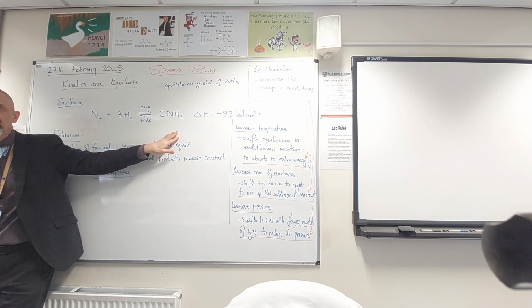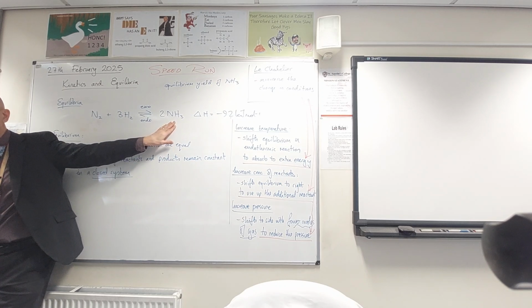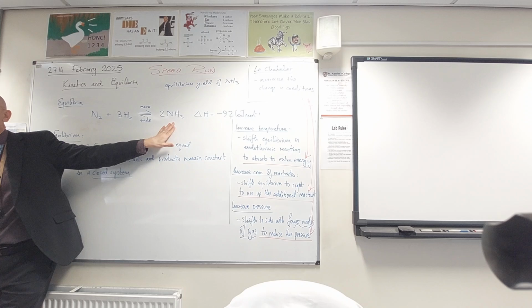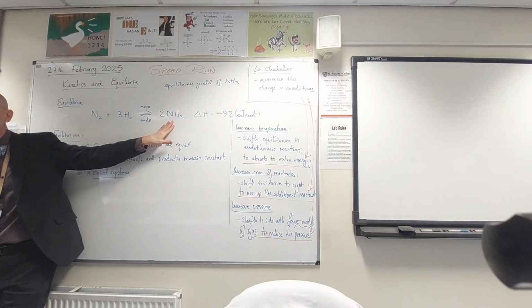Do you remember how you remove it? By filtering it out. Filtering's not quite right. You cool it and use the fact that ammonia has stronger intermolecular forces. What kind of intermolecular forces does ammonia have? Hydrogen bonding, because it's got N-H bonds in it.